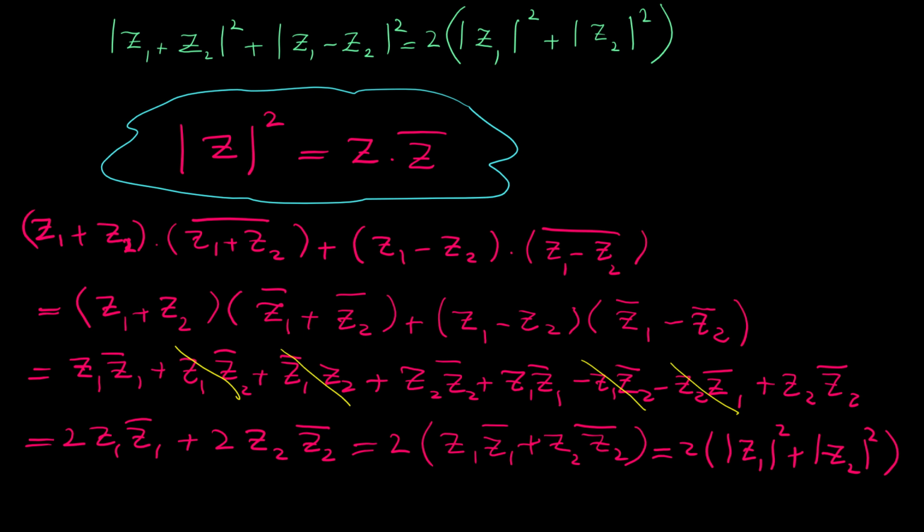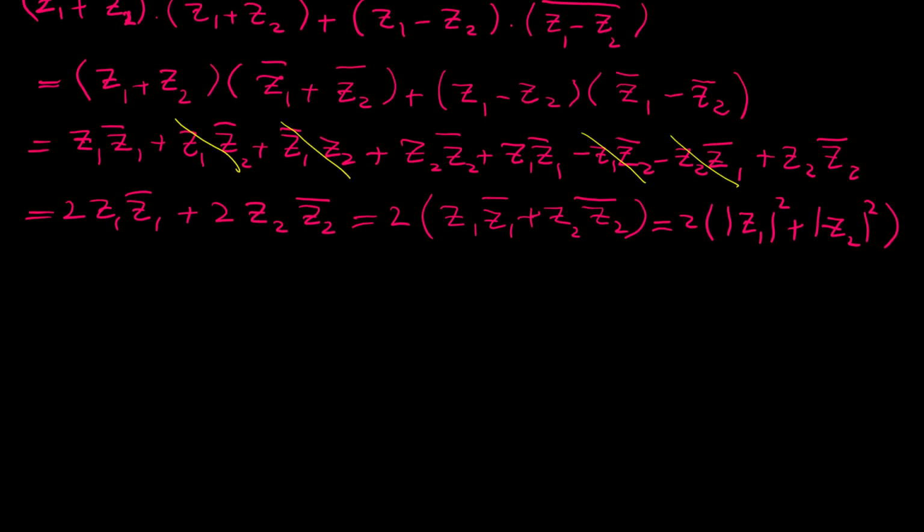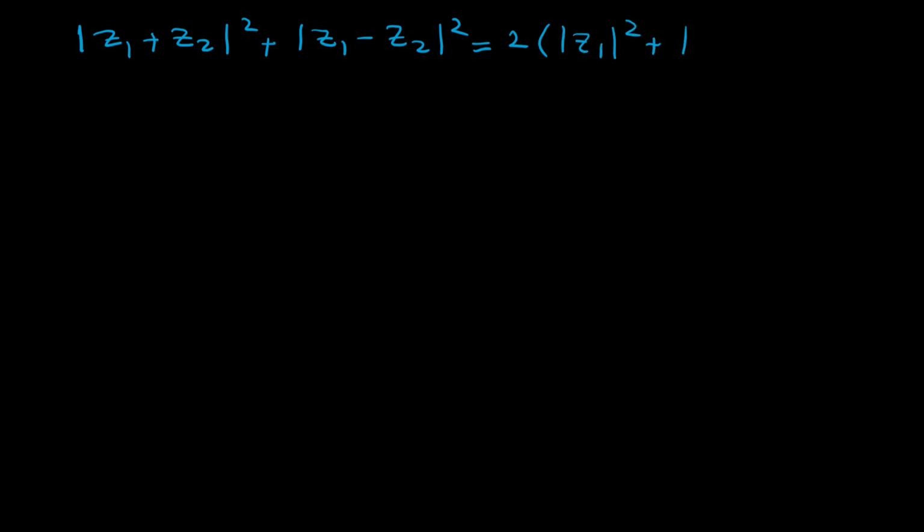The second method is a more algebraic method. We want to prove that absolute of z1 plus z2 to the 2 plus absolute of z1 minus z2 to the 2 is always equal to 2 times absolute of z1 to the 2 plus absolute of z2 to the 2.